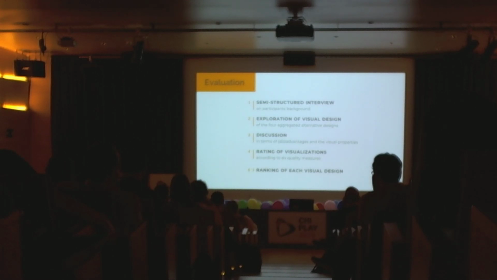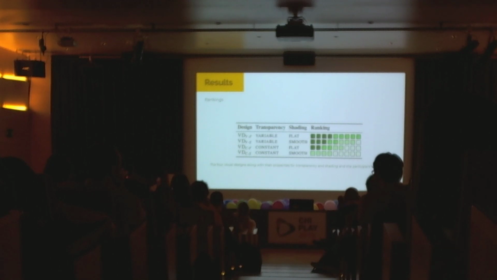And then we had the discussion with them on their thoughts and the disadvantages and advantages of the visual properties, and then their preference in terms of transparency or shading, the two visual design properties. And then afterwards, we had the participants rate the visual design according to 6 quality measures, and we concluded the evaluation with a discussion on their ranking of each visual design from most preferred to least preferred.